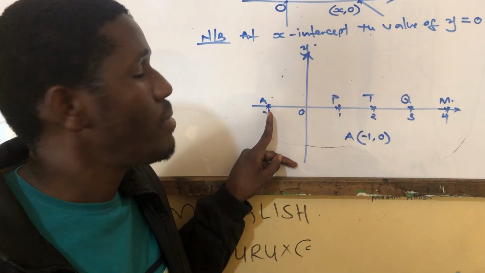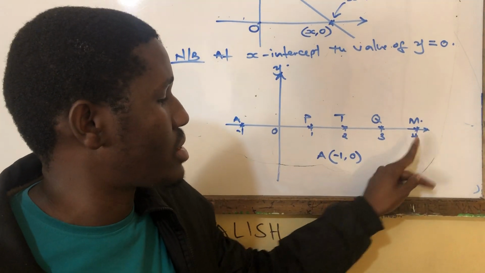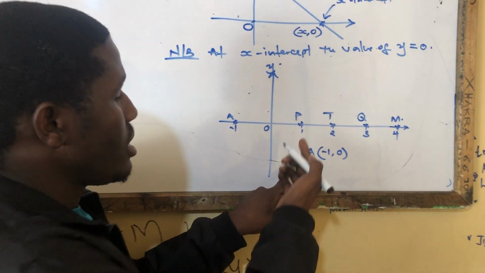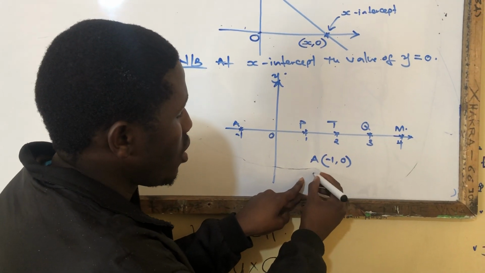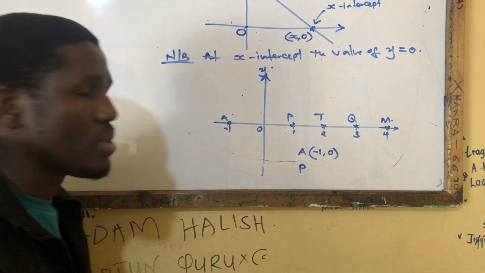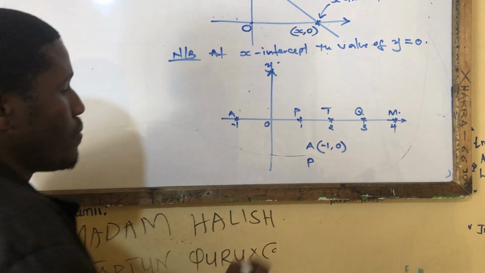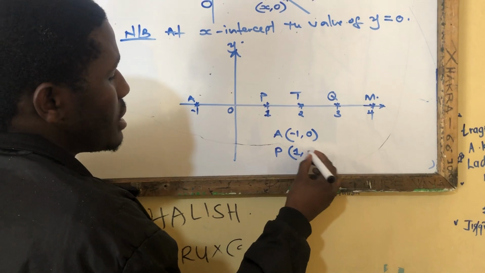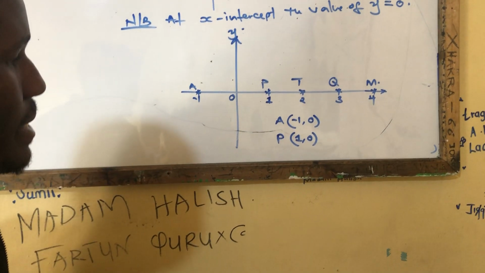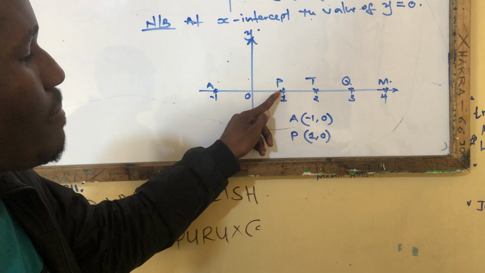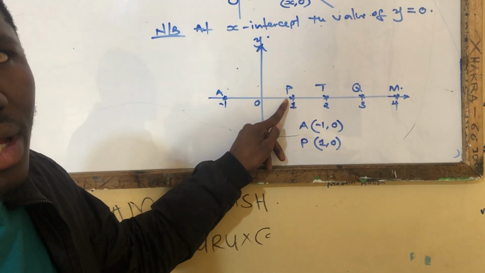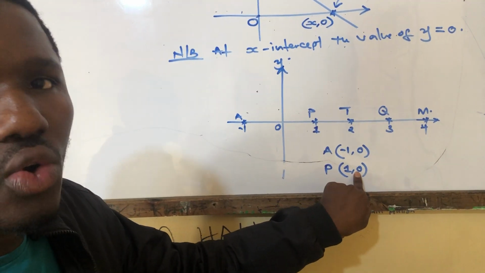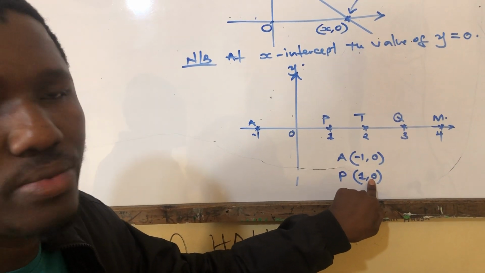Taking us to the point P, what would you give as the coordinate of P? For P, the coordinate would become 1, 0. That is because P is also on the x-axis, and for as long as a point is on the x-axis, the y coordinate is always expected to be 0.